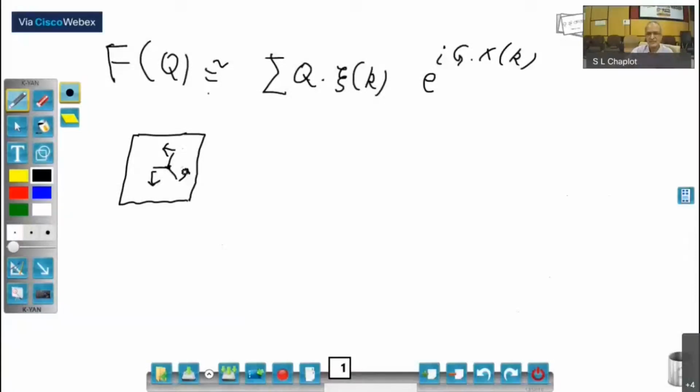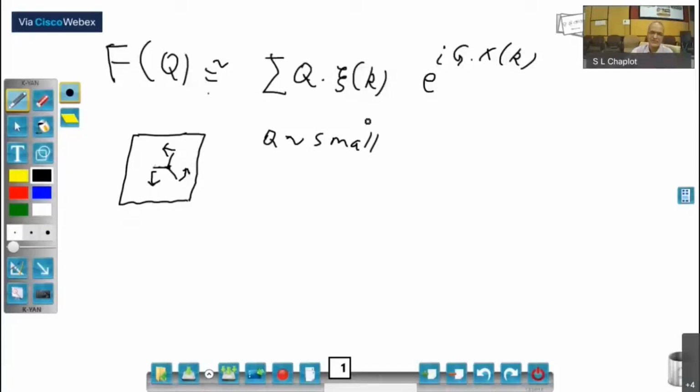Okay, so now in such a case, if the q is small, so that the phase changes are small, or the corresponding wavelength is large, then we normally know that if I take the sum total of the displacements of all the atoms in a rotating molecule, they'll come out zero because they will simply cancel with each other.